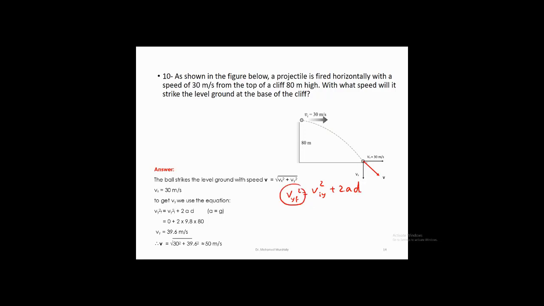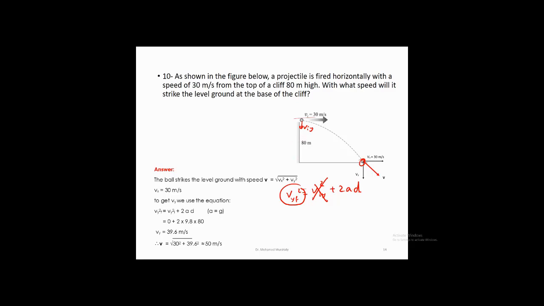We are looking for Vy final, at the end of the journey. The initial Viy in the y direction is 0 because the ball is just being thrown in the x direction. There is no component in the y. Then it will increase. So to find this one, we need the acceleration and the distance.